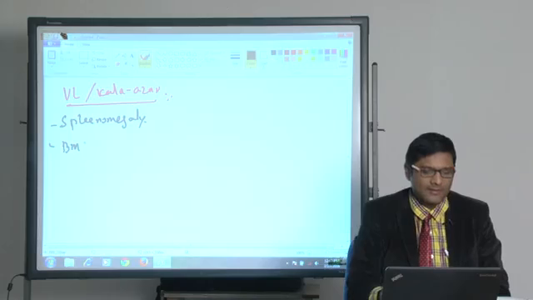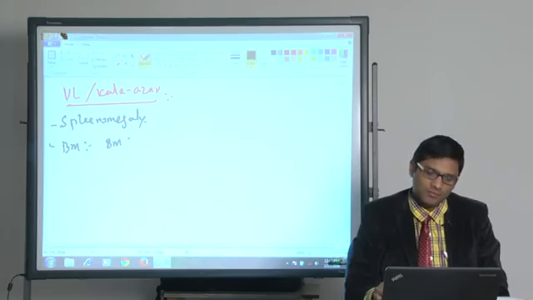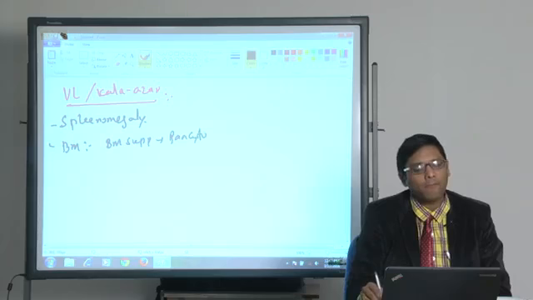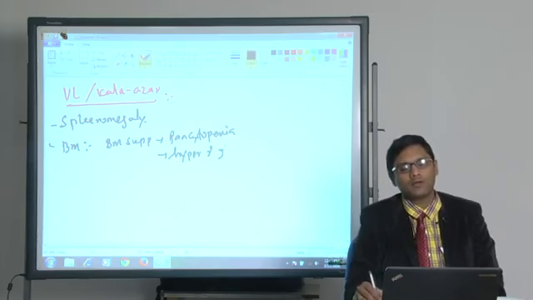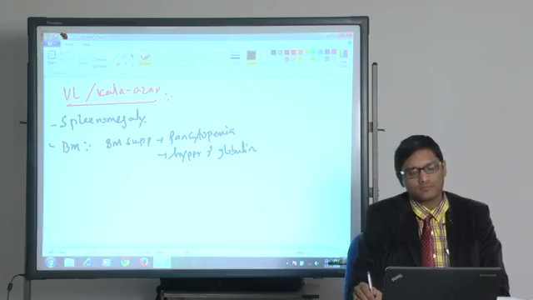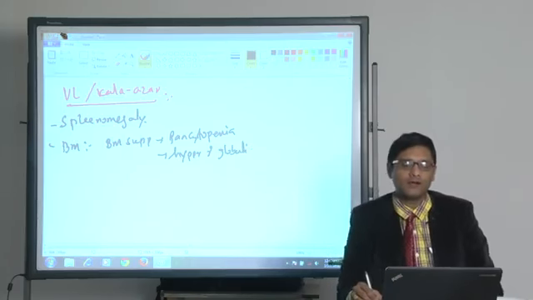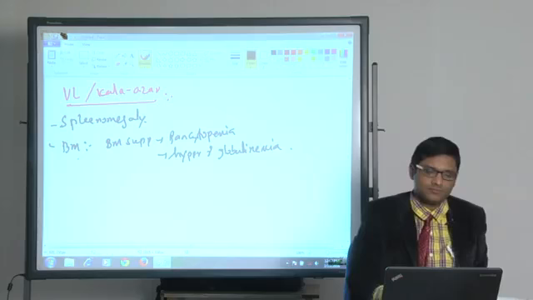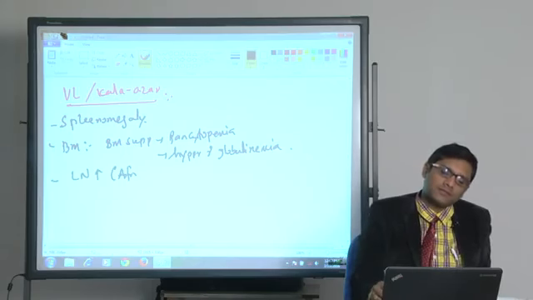Bone marrow deposition leads to bone marrow suppression. That causes pancytopenia, and as a reflex you will have polyclonal B cell activation, so hypergammaglobulinemia, with non-specific antibodies produced. Lymph node also will be affected, mainly in African patients.